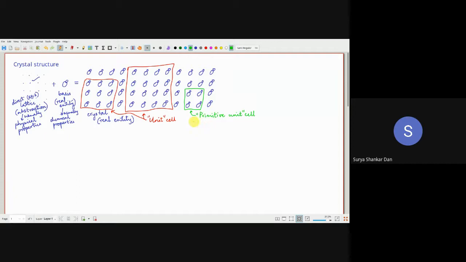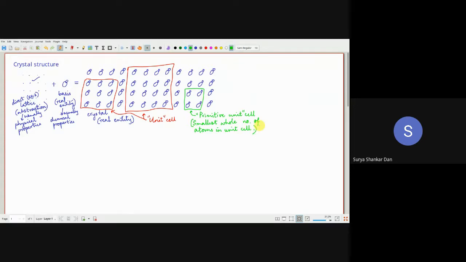It is basically the smallest whole number, or you can call it integral number also, but integer means -1, -2. Obviously, this is not possible over here. The smallest whole number of atoms in a unit cell. Okay, is the difference between primitive unit cell and unit cell understood?